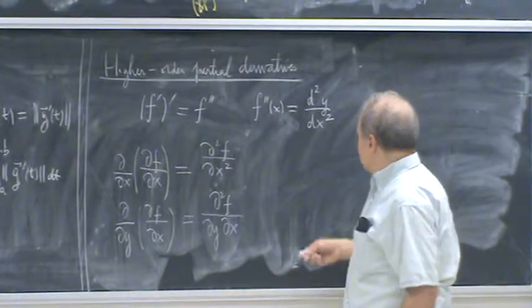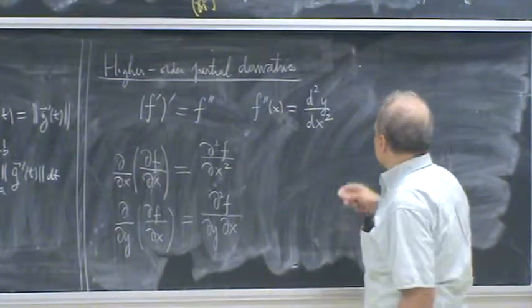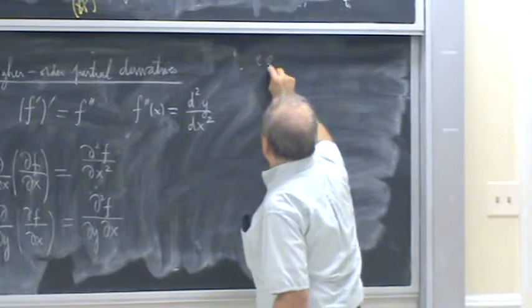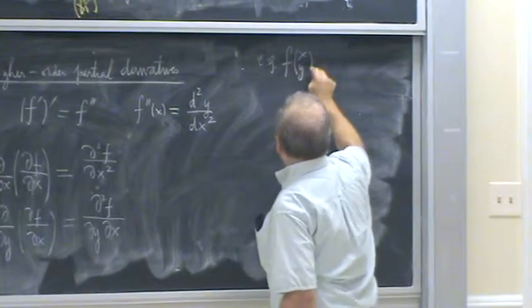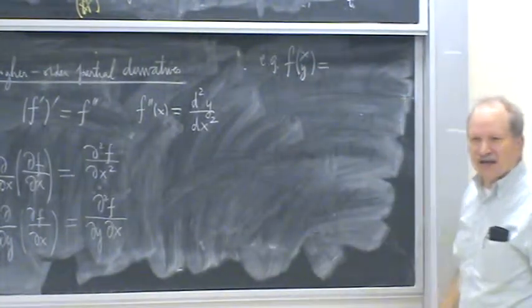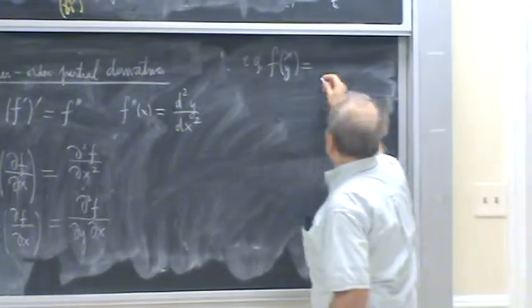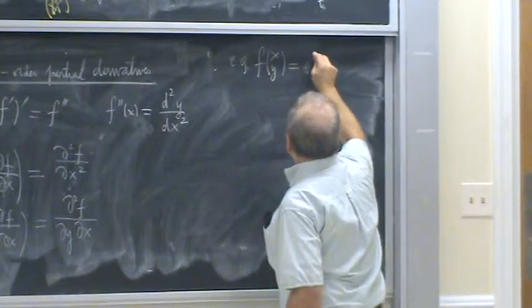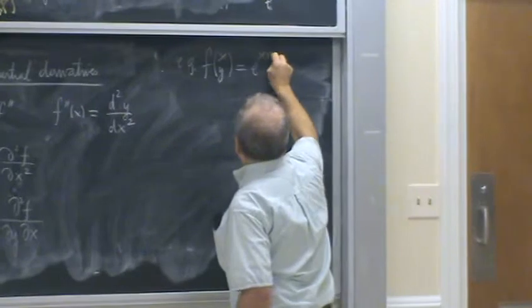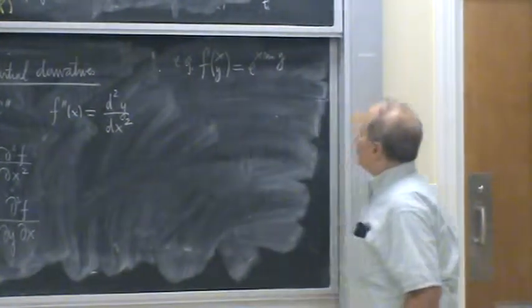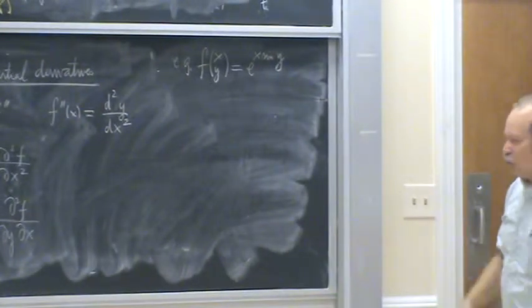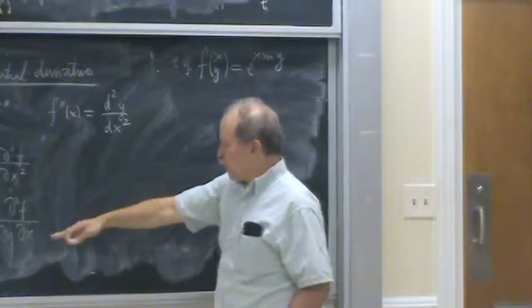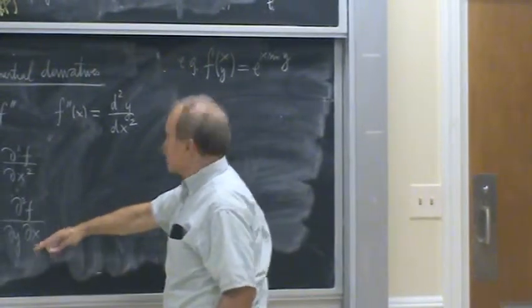On the other hand, you might naturally ask yourself, for example, if I took, I'm not going to take a totally ridiculous function here, because we'll be here all day if I do. But suppose I took e to the x sine y. We could ask ourselves, what is this second partial derivative that we just talked about?